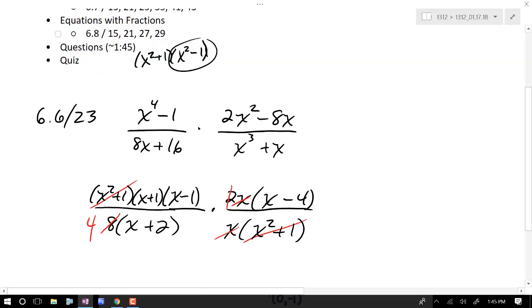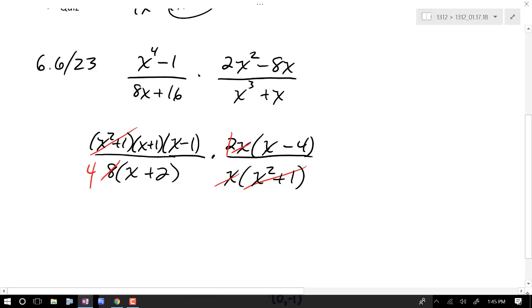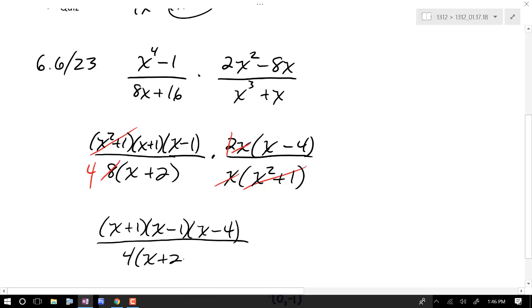So now we have x plus 1, x minus 1, x minus 4 on top, and on the bottom 4 times x plus 2. Yay. Victory.